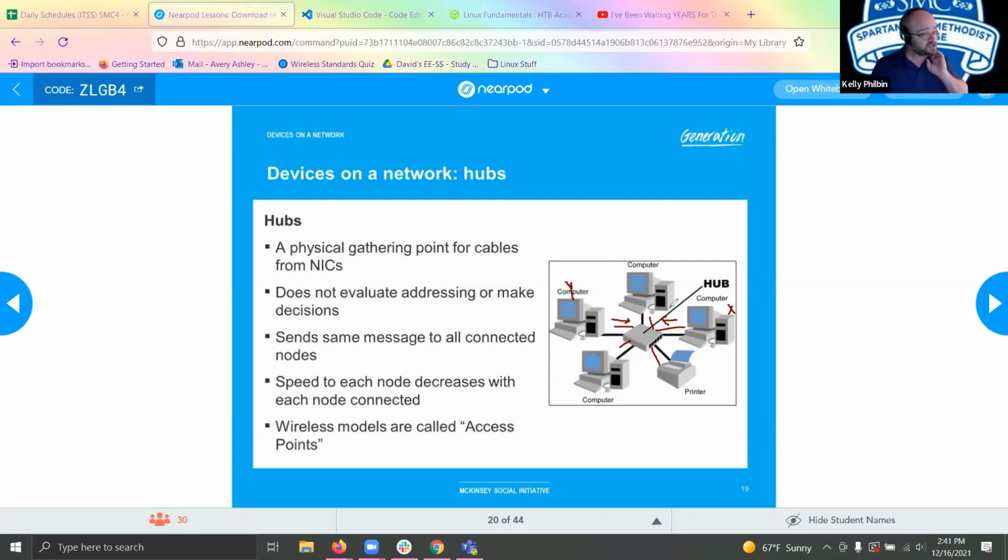Yes. I mean, we still use them today for two typical types of functions because they're inexpensive. So typically you would use it to mirror reports. From a security standpoint, if you're using a network intrusion detection device, you would have a hub set up so that the device that's doing the detection would receive all communications.